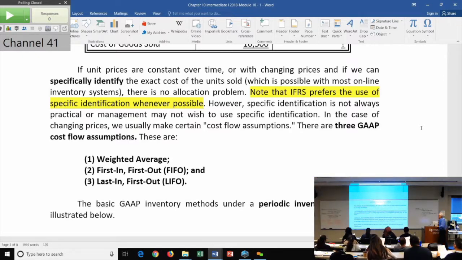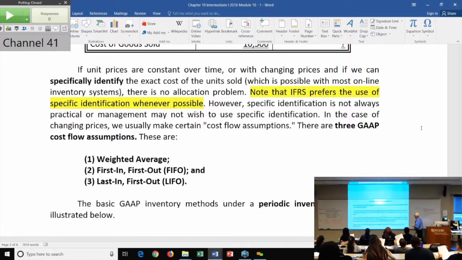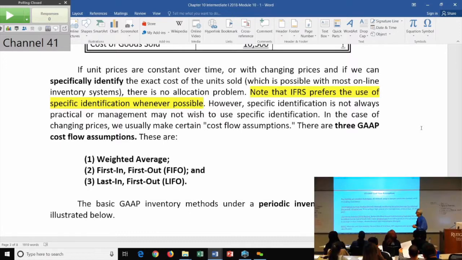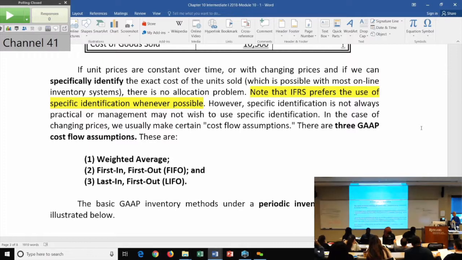But I want to talk to you a little bit more about the inventory valuation methods. The first and most important piece of this is that all of the methods will be assigning a cost to current units. What you can't do is think that something like LIFO really says that the inventory is the oldest inventory. Not true.